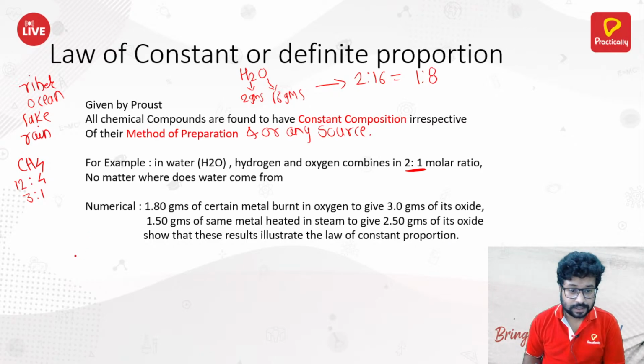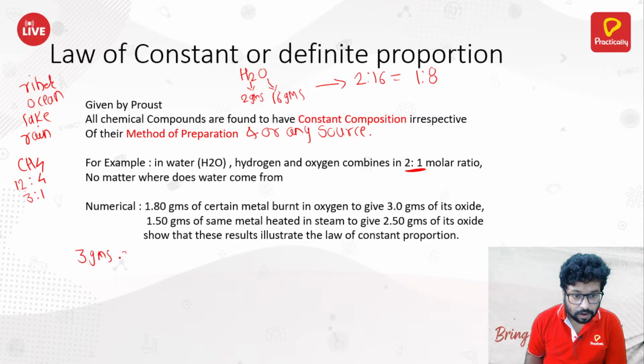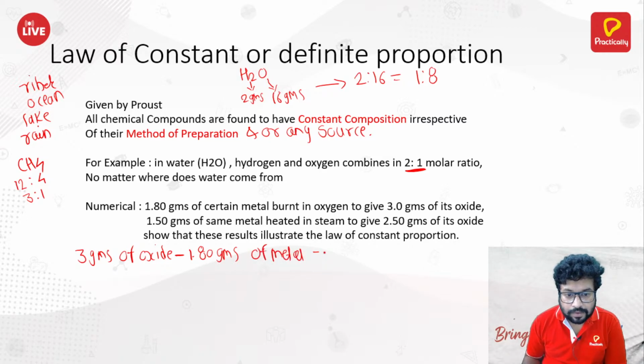Let's take the first. You have 3 grams of oxide, which contains 1.80 grams of metal. That means 3 grams of oxide minus 1.80 grams of metal would give you 1.20 grams of oxygen, right?